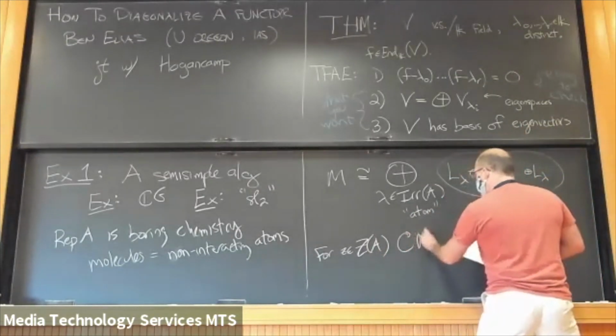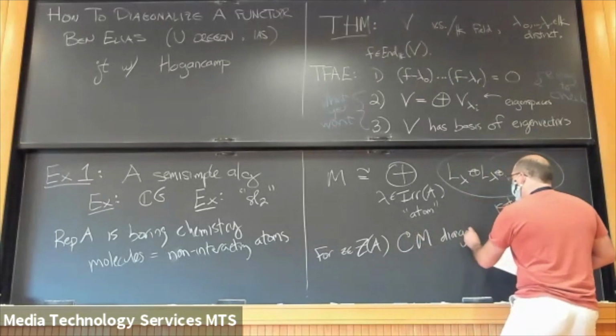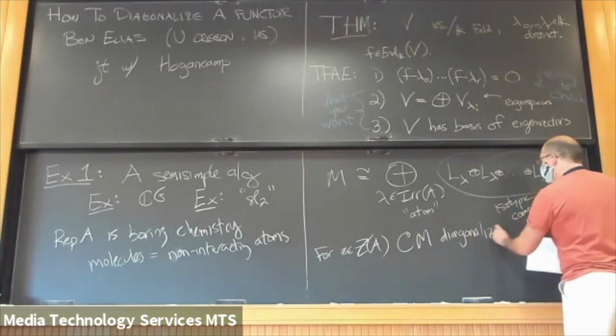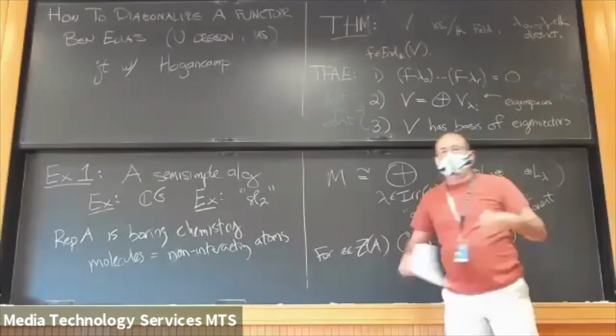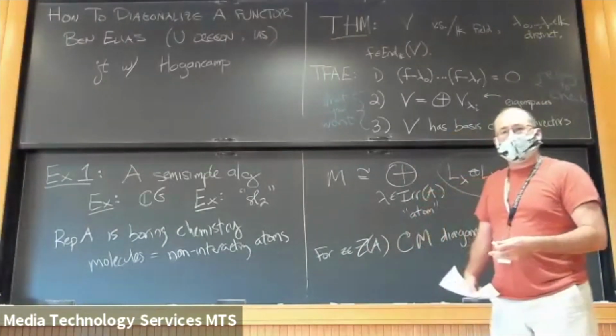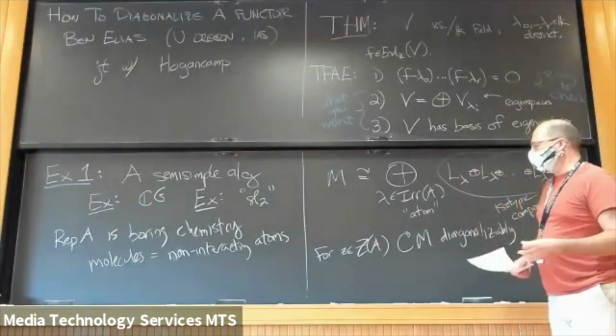So that's great. And since you have a bunch of commuting operators in the center, you can simultaneously diagonalize them. And so you can look at their mutual eigenspaces.